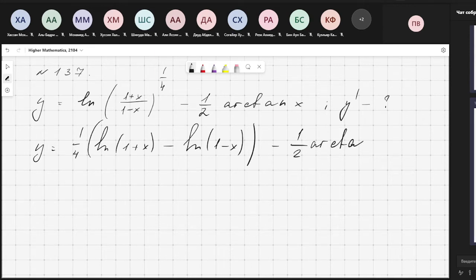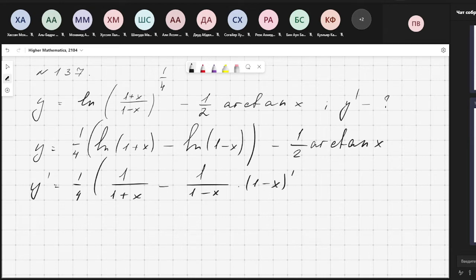Then find the derivative. 1 over 4, oh, sorry. The derivative of the natural logarithm of 1 plus x is 1 over 1 plus x, minus 1 over 1 minus x times the derivative of 1 minus x. Here the derivative of 1 plus x is 1.